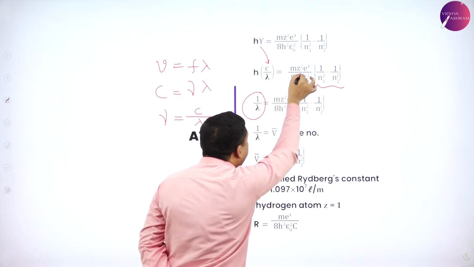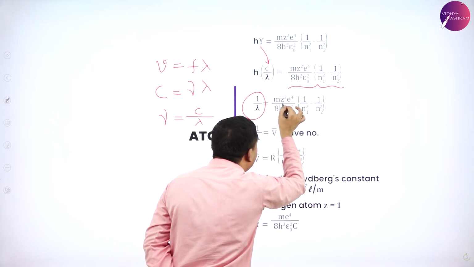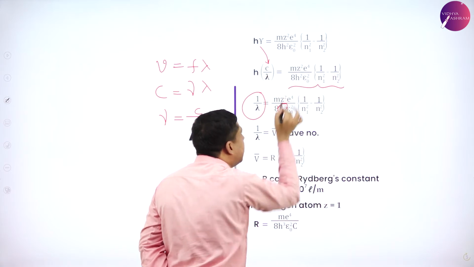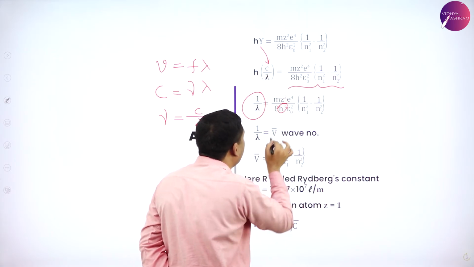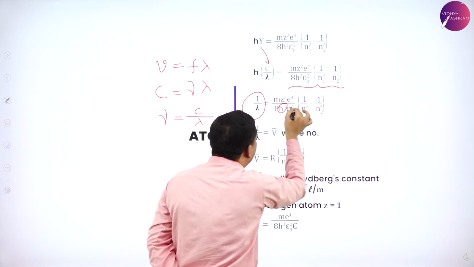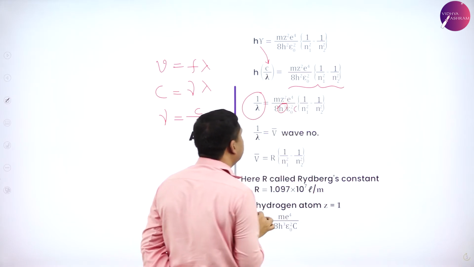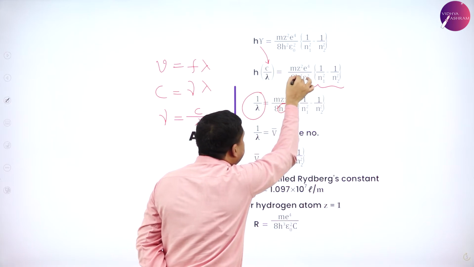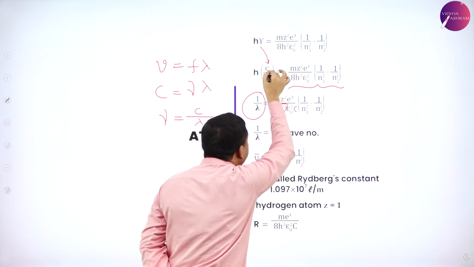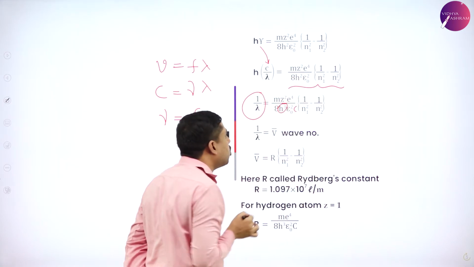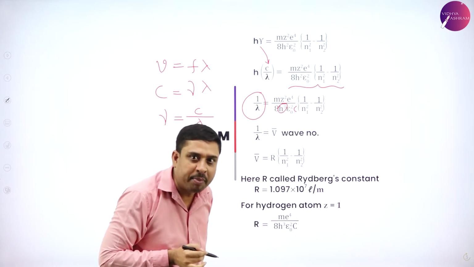So h square is there, one more h will make it h cube, epsilon naught square, and what is coming back here? It is c. So h into h square is h cube. This c also comes to the denominator.